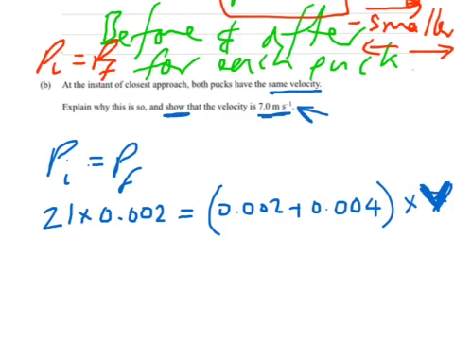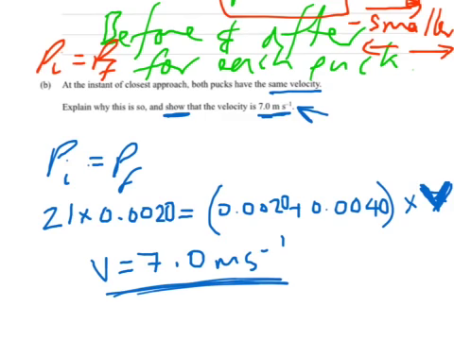Anyway, so you've got an equation with one unknown. If you multiply this out and rearrange it, you'll see that V equals 7.0, because you should stick with your significant figures. I think they gave you those all to 2, but you can double check that up there. So that's the easy part.